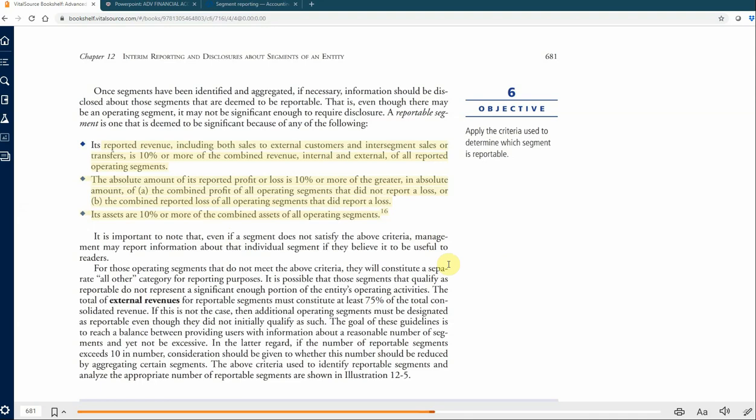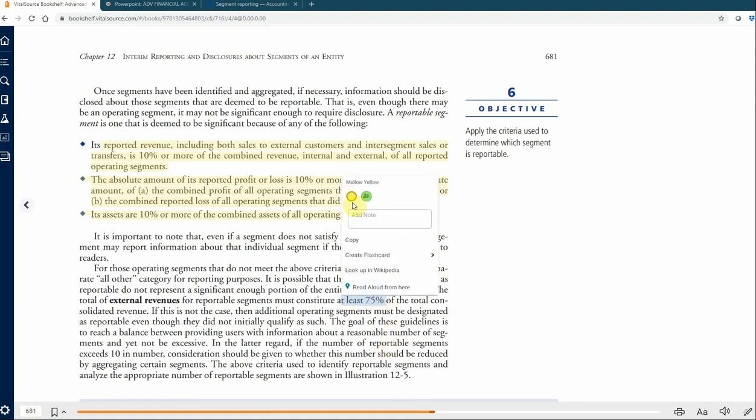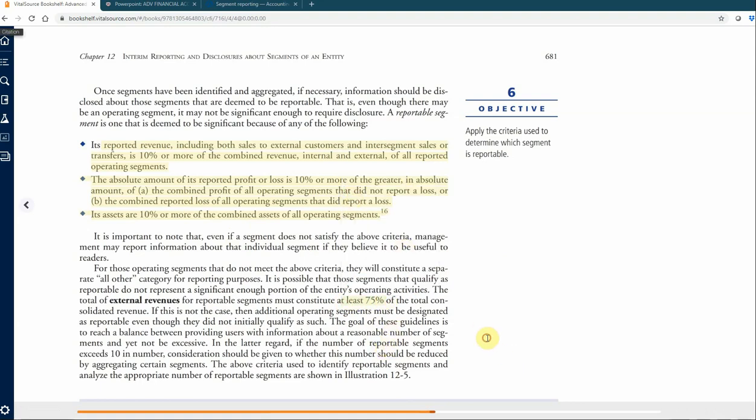The other thing that we need to look out for is that when we break out these segments, we want to make sure that what we show as individual reportable segments makes up at least 75% of the total.